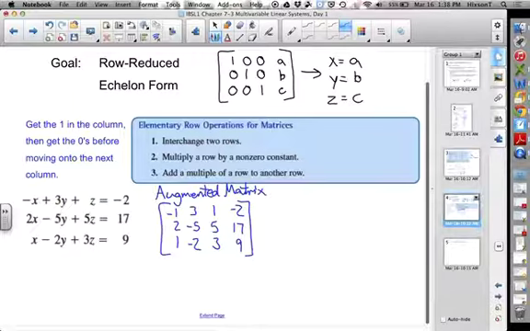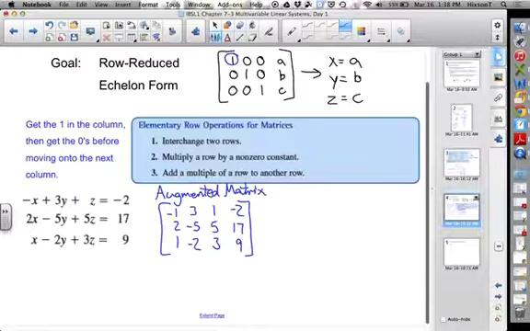So anyways, we get this matrix here, and again, remember our goal is to get 1, 0, 0, 0, 1, 0, 0, 0, 1. So how are we going to do this? First of all, we're going to start in this first column. We're going to get the 1 where it's supposed to be. So we want to get the 1 in this top left corner here.